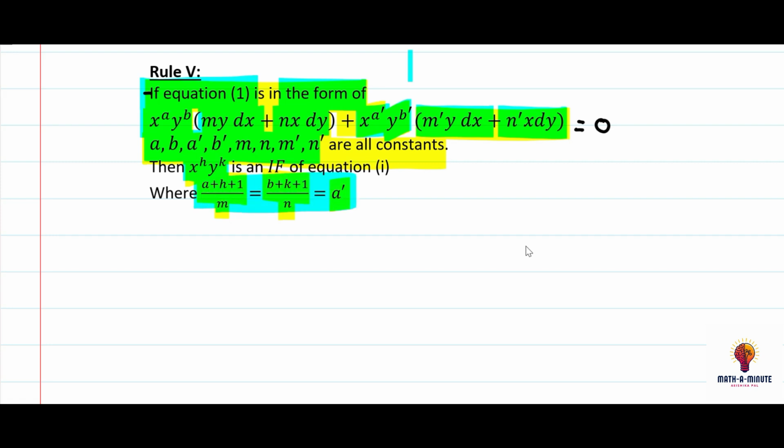There are actually two different equations: a + h + 1 over m equals a' + h + 1 over m', and b + k + 1 over n equals b' + k + 1 over n'. Try to understand rule number 5 with an example.